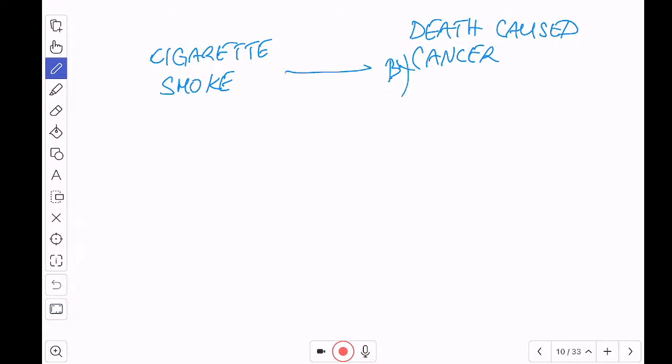So this was the proposed relationship. Cigarette smoke causes cancer or death due to cancer. And they said something else is behind, lurking.